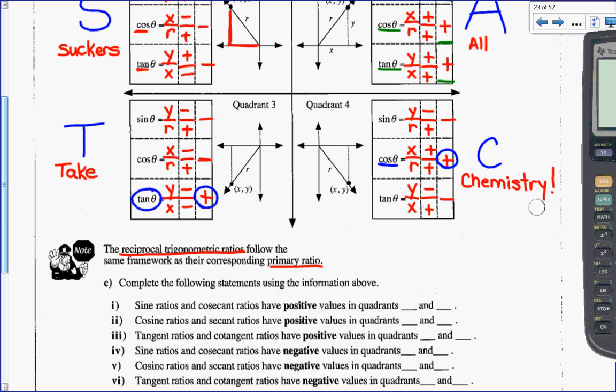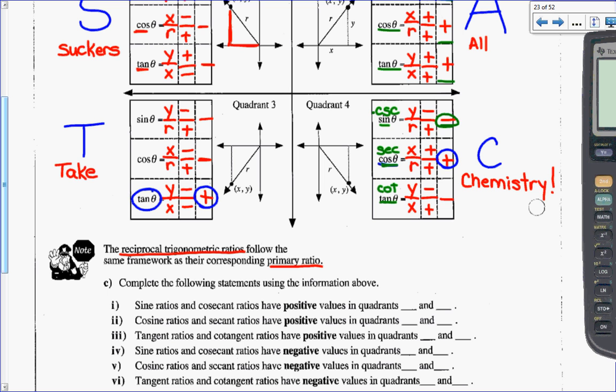So what that means is, okay, cosecant is the reciprocal of sine, secant is the reciprocal of cosine, and cotangent is the reciprocal of tangent. Okay, so if sine is negative in quadrant 4, then so is cosecant, its reciprocal.